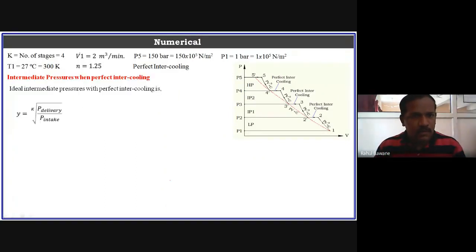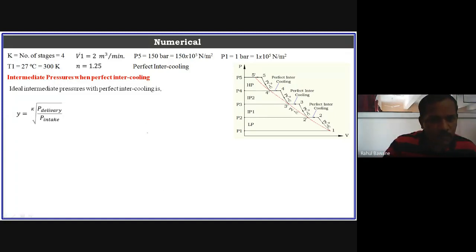As I said in previous slides, when we find the square root, that is for 2 stages. Now it is the k-th root of the number of stages: 1, 2, 3, 4 stages, so k value is 4.